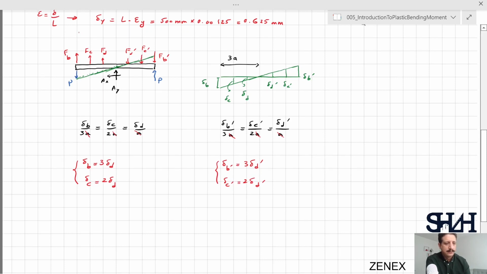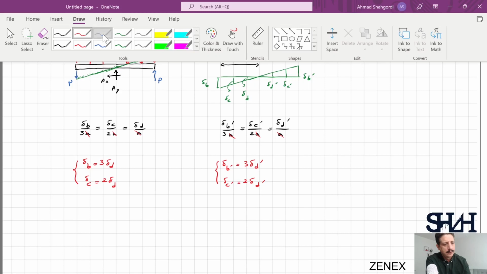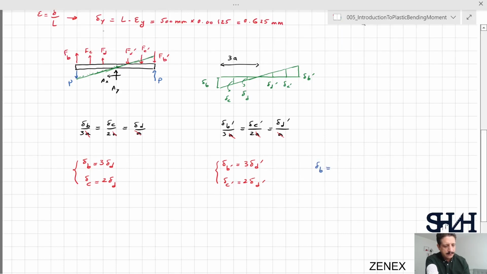And also we can write the same relation between delta B and delta B prime. We will get delta B is the same as delta B prime, delta C is the same as delta C prime, and delta D is the same as delta D prime.